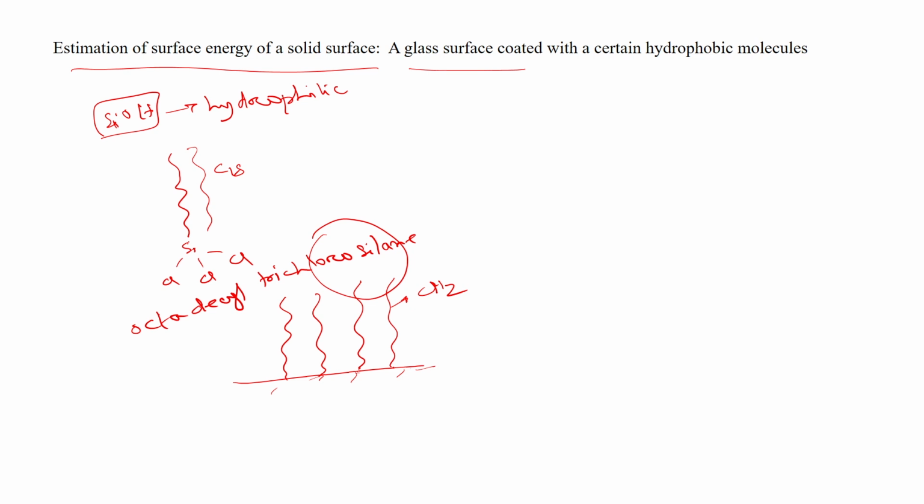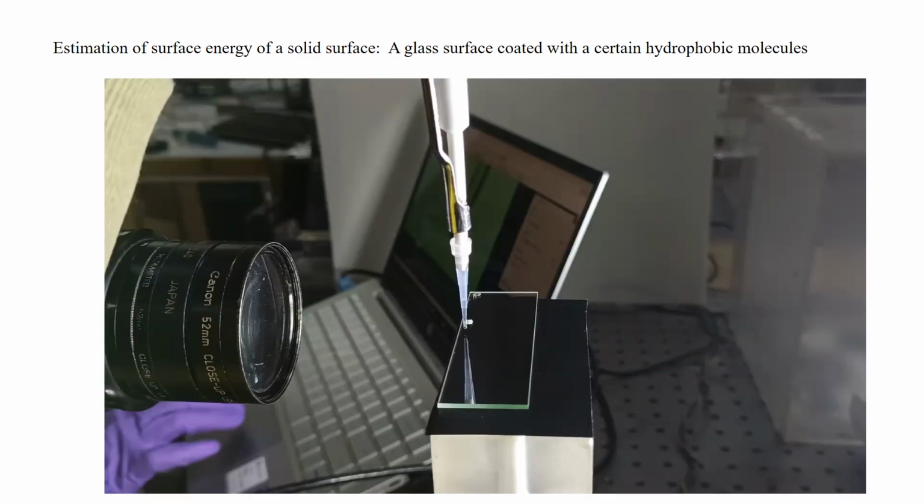So, therefore, this surface behaves as a hydrophobic material. Now we want to find out the surface energy of this hydrophobic glass plate, that is what we will do. The experiment is done something like this. Here we have a glass plate, coated with that monomolecular layer of OTS molecules. This is a camera here.